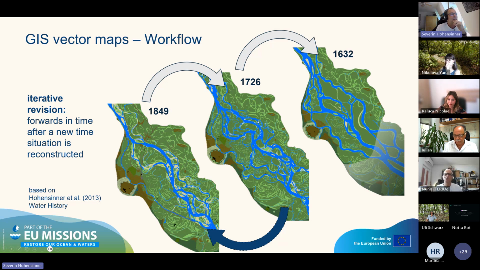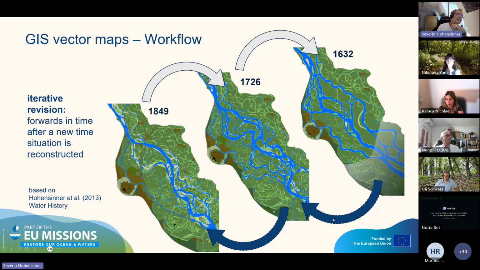Or maybe in 1726 we had some structures in the maps we could not interpret. We did not know what they mean. With the information of 1663, we have better knowledge and can interpret these structures better. So we once more iteratively revise 1726 and maybe also 1849. And if this loop is done, then we do the next older time situation.